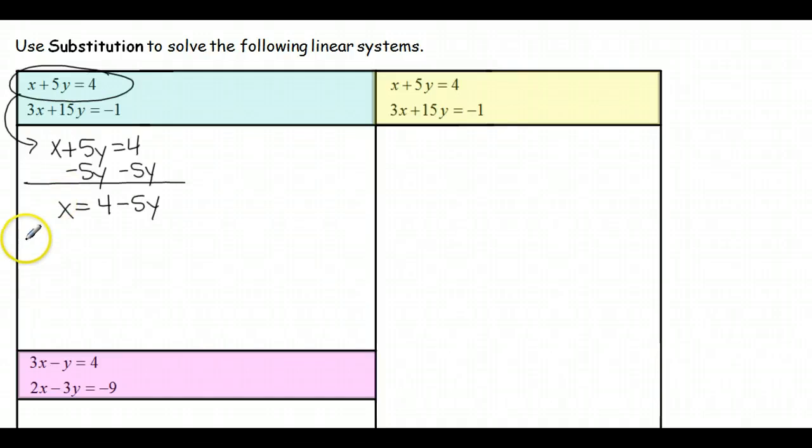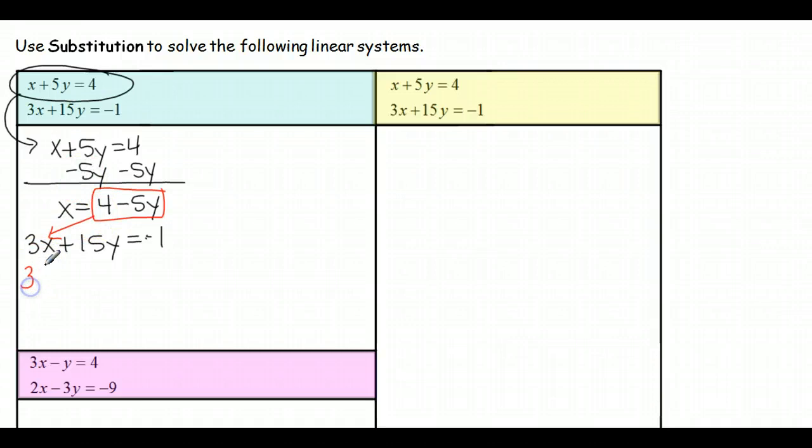I'm going to take the other equation, 3x plus 15y equals negative 1. Whoops, my negative isn't showing. And now that I know that the value of x is 4 minus 5y, I'm going to plug it in for x.